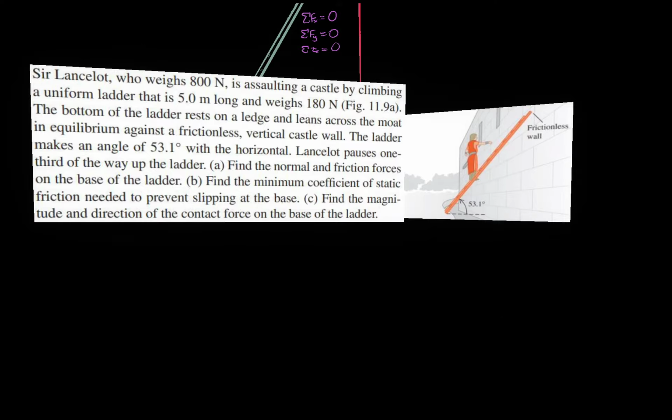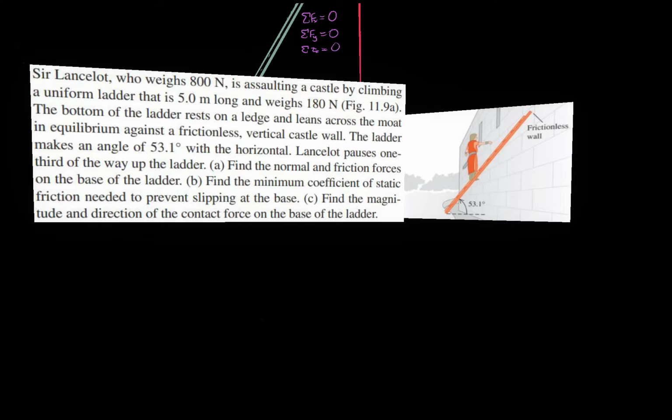The bottom of the ladder rests on a ledge and leans across the moat in equilibrium against a frictionless vertical castle wall. So in equilibrium. If this didn't come up in the context of talking about equilibrium, you'd know just from that term right there. The ladder makes an angle of 53.1 degrees with the horizontal.